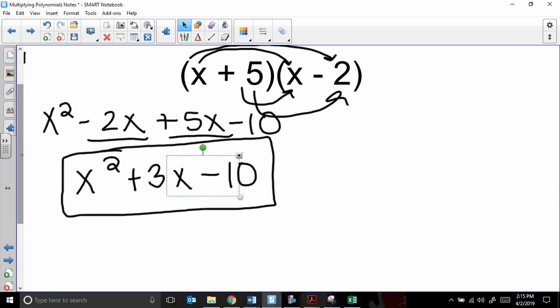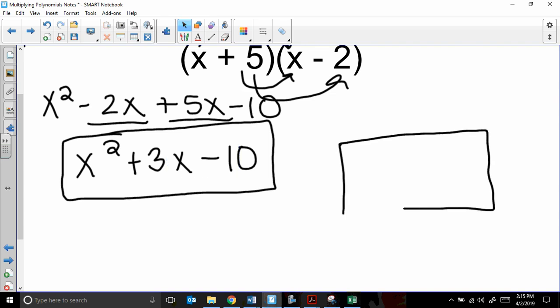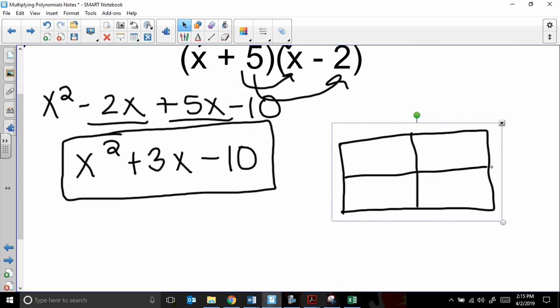Okay, so then let's try it again with the box method here. I'm going to draw my box. I have a 2 by 2, so that's what kind of box I'm going to draw. And so here, I'll even show you that I can put the other x the other place. Doesn't matter. X plus 5. Now we have x, and because this is a negative 2, that's what you want to make sure you write. Negative 2 there. So x times x is x squared. X times 5, 5x.